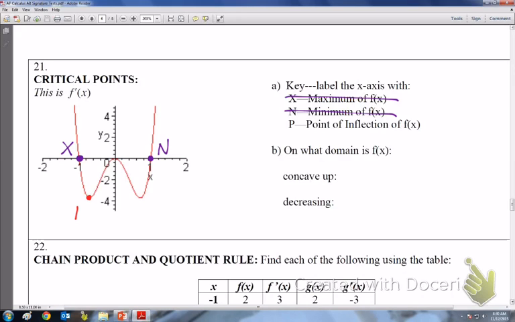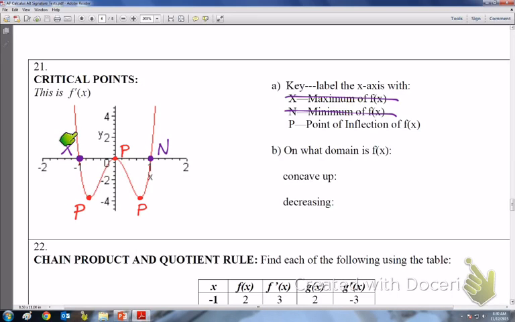Okay, so this is a turning point, so that's a point of inflection on the original function. Positive 0.5 or positive 3/4, that's a point of inflection. There's one more. 0. Good, at 0, this is also a point of inflection. So all turning points on my first derivative are points of inflection on my original function.